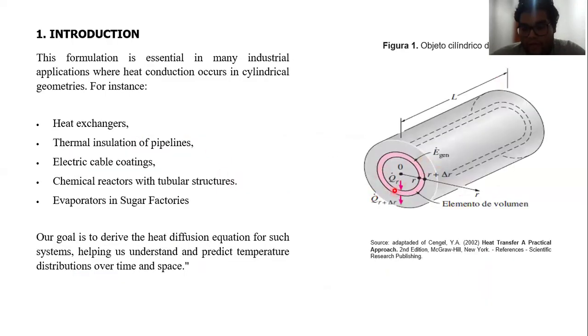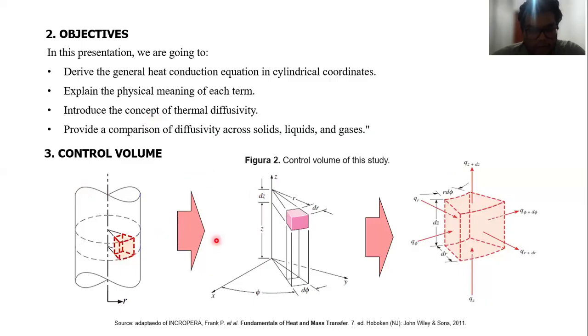In this one, we have an entire cylinder, and in Figure 2 we have a cylinder but with a control volume. We have three representations of the same thing, that is the control volume. On the left side we have a cylinder, and we selected a little portion of that cylinder.